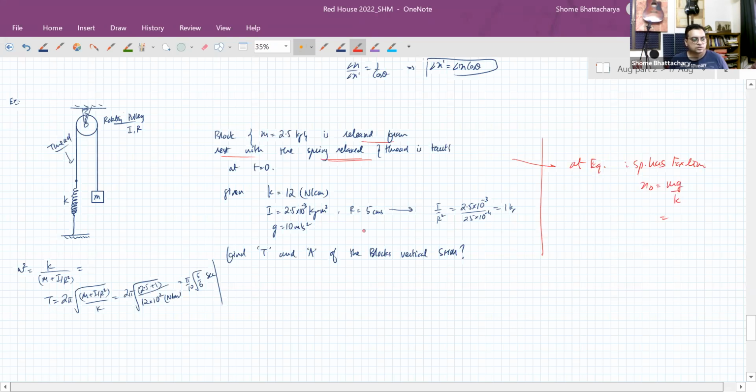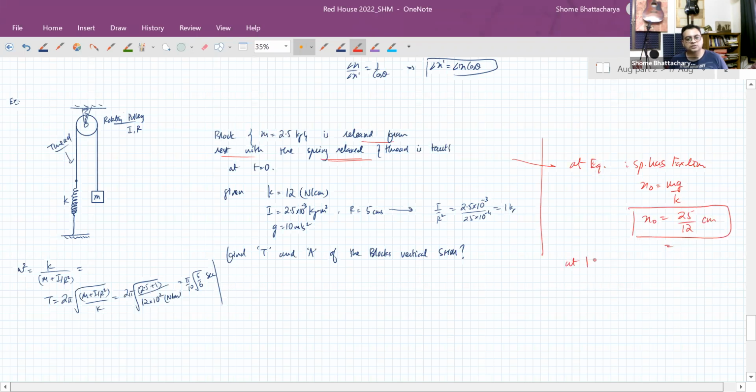It was 25 newtons divided by 12. So 2 point something, whatever. So 25 by 12 centimeters.